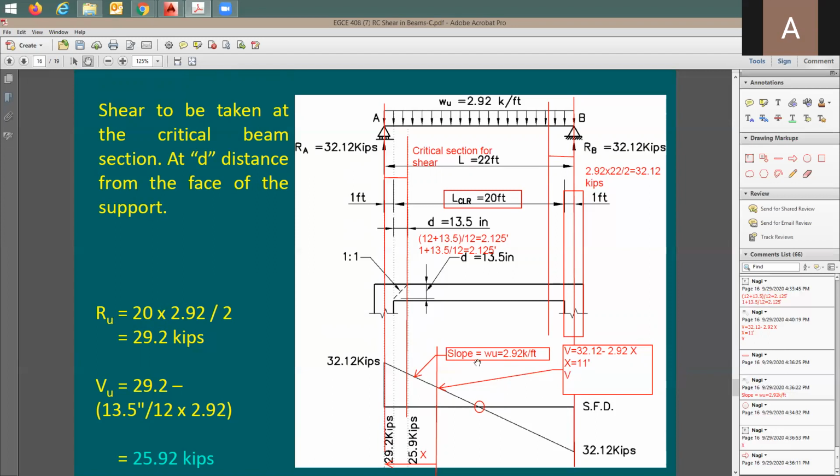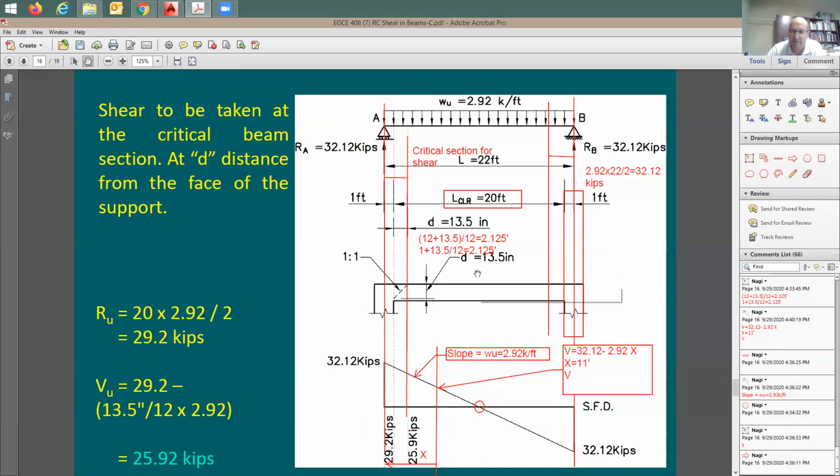Okay. So I put here this equation, the shear equals the reaction subtracting the uniform load 2.92 times x, the distance away from the center of the support. So I decided to double check that this point here is going to have a zero shear. So I said, how much is the distance from the middle of the beam to the center of support?